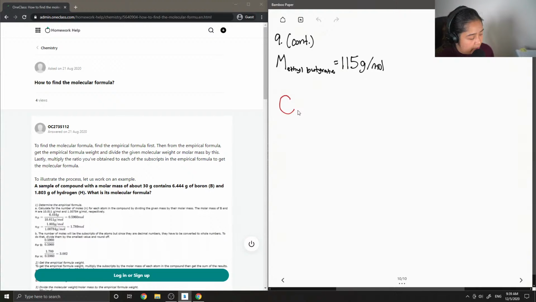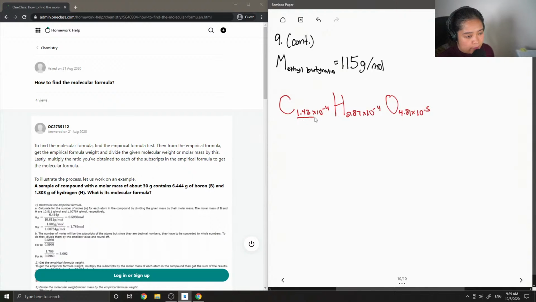The number of moles of carbon was 1.43 times 10 to the negative 4. For hydrogen, it was 2.87 times 10 to the negative 4. And for oxygen, it was 4.81 times 10 to the negative 5.